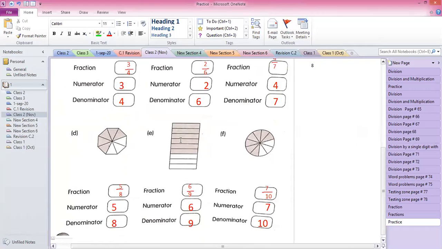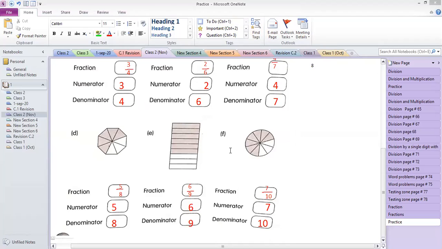In figure E, there are a total of 9 parts, and 6 parts out of 9 parts are shaded. While in F, there are a total of 10 parts, and 7 parts out of 10 parts are shaded. I hope you understand a fraction, numerator, and denominator. We'll do further exercises tomorrow and come into the book also.